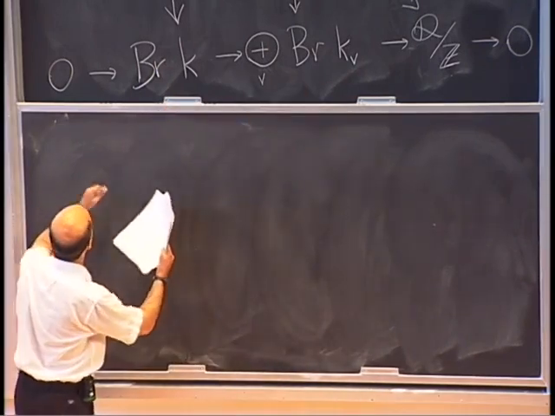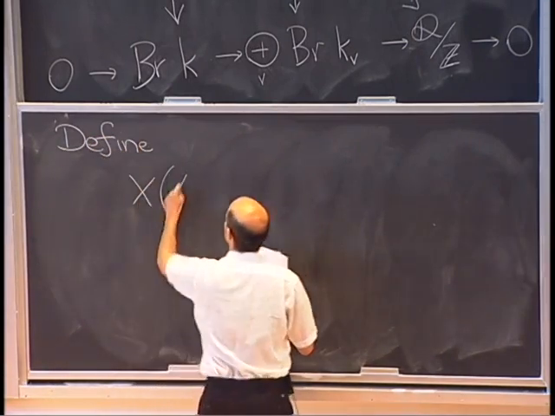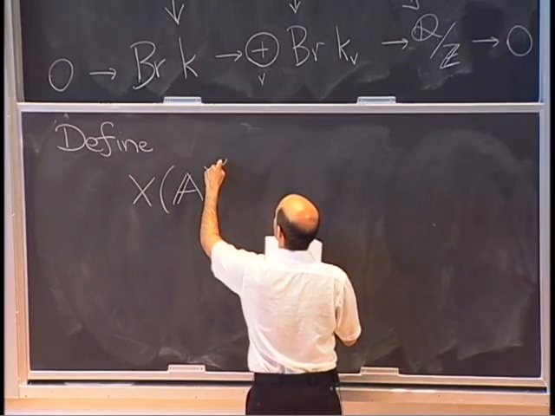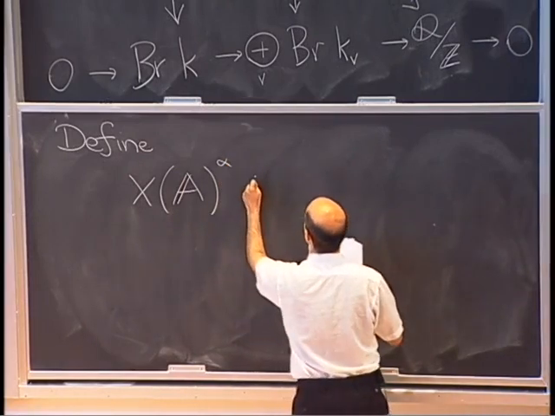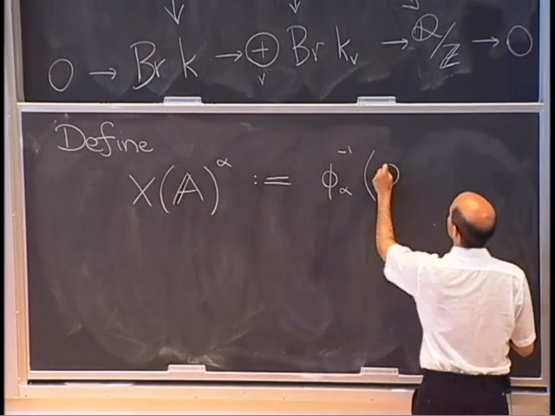So the rational points must be contained in the following subset of the adelic points. I'll call it X(A)^alpha, which is just the inverse image of 0 of this map.